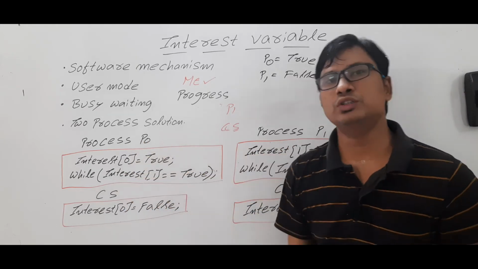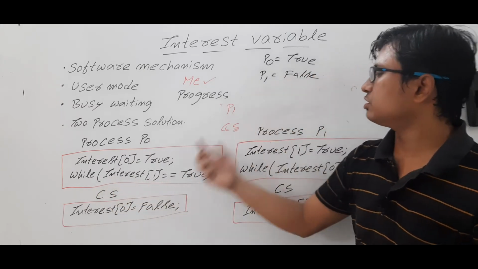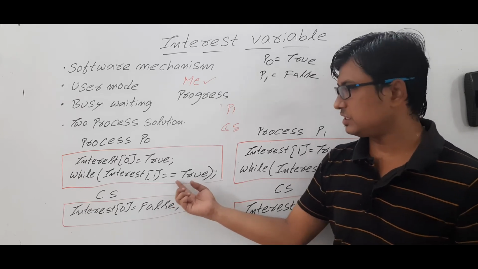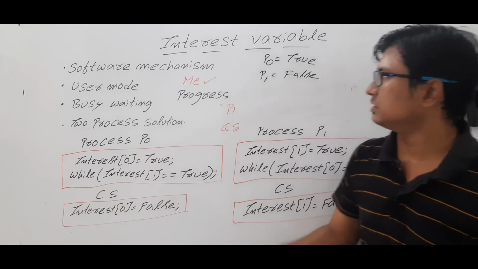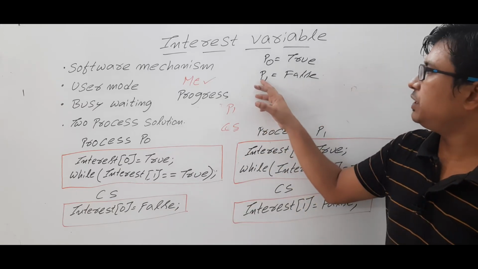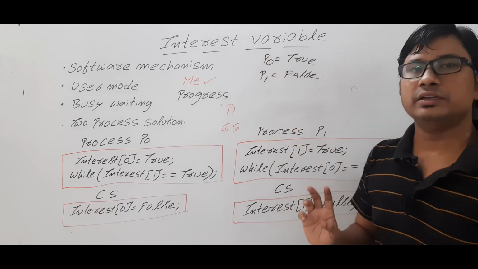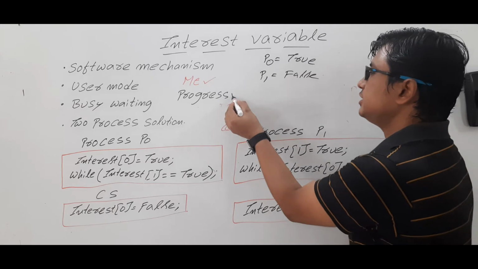Process P0 wants to enter into the critical section, while interest[1] is false. False is equal to true? This condition is false. If this condition is false, process P0 can successfully enter into the critical section. Meaning when P1 does not want to enter into the critical section and P0 wants to enter into the critical section, it is allowing. So progress is achieved. Is it clear?